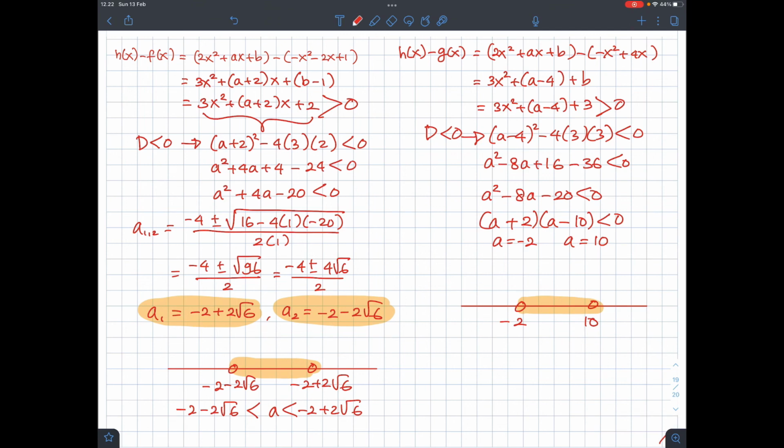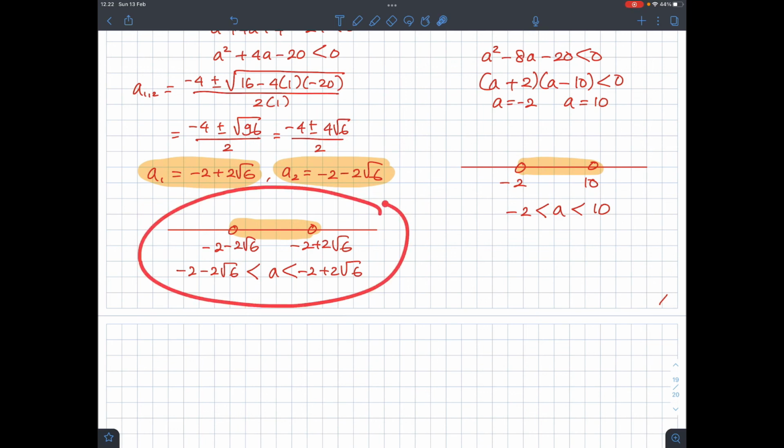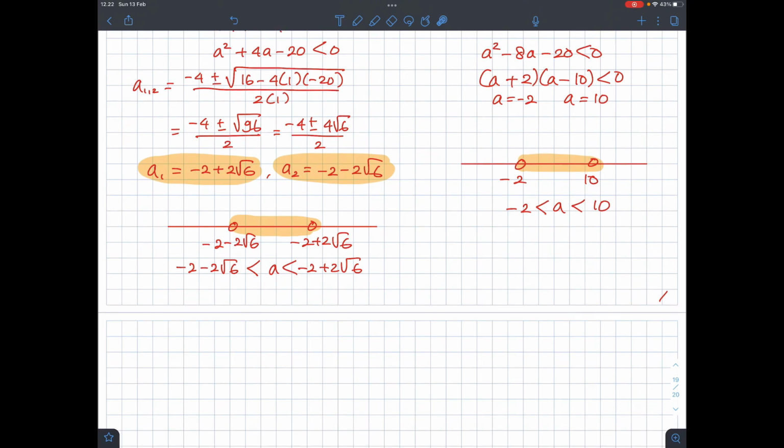For the second one, the value of a should be between negative 2 and 10. For the final part, we just find the intersection between the first number line and the second number line, because we need the value of a that meets all the requirements.